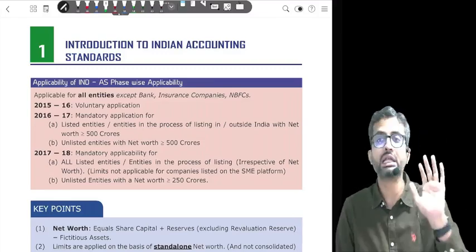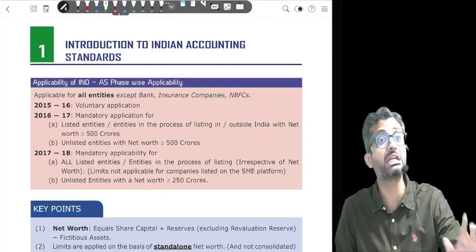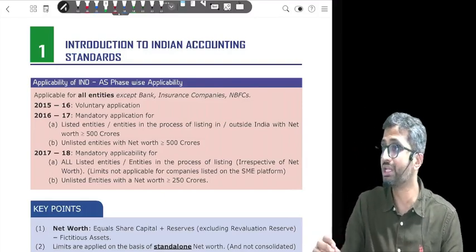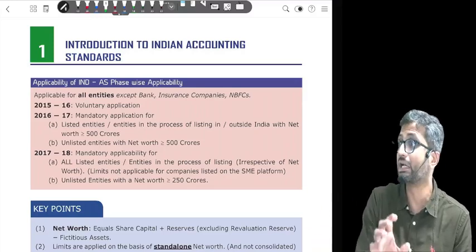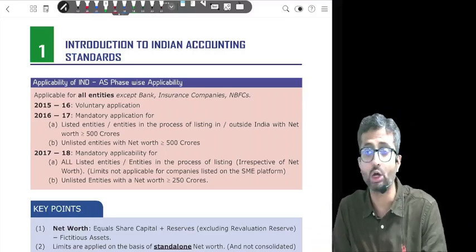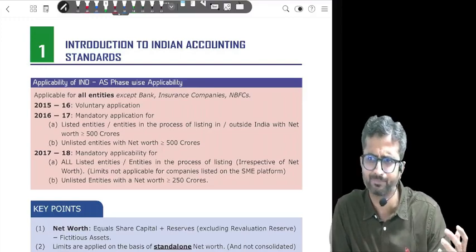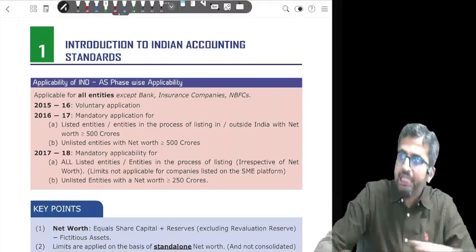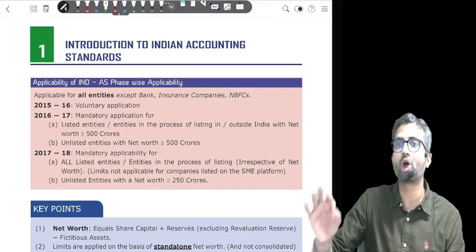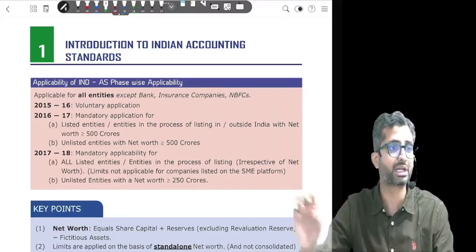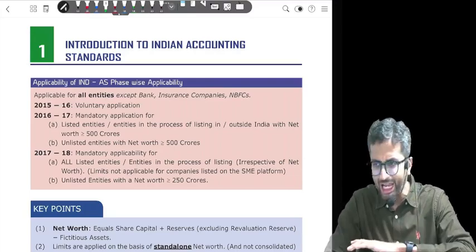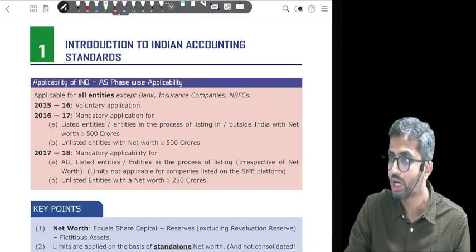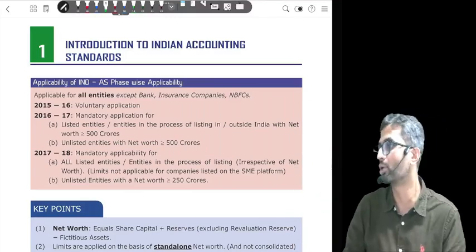As we speak, there's no phase 3. So from 17-18 onwards, if you are an unlisted company or a private company whose net worth is greater than or equal to, any idea? 250 crores. Or you are any listed company, except if your company is listed on the SME platform. For every company which is listed, no matter how small it is or how big it is, you will have to comply with Ind AS.